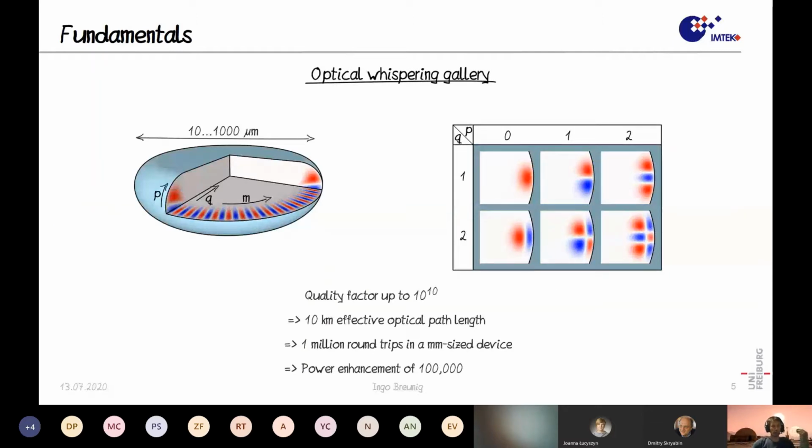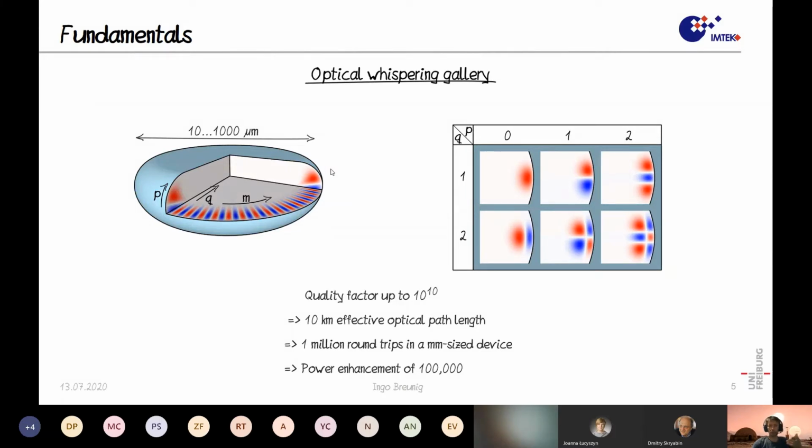We want to use all these effects, so optical parametric oscillation and second harmonic generation, in our optical whispering galleries. In most of our experiments, we are using these spheroidally shaped whispering galleries.